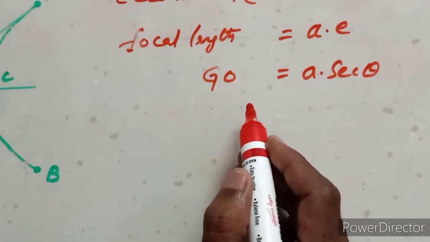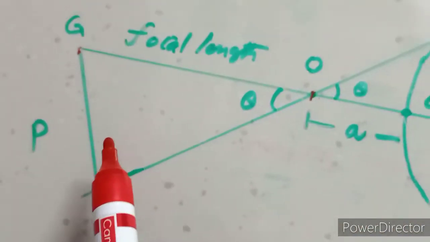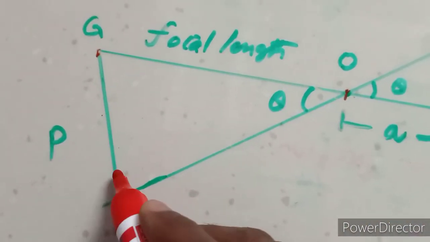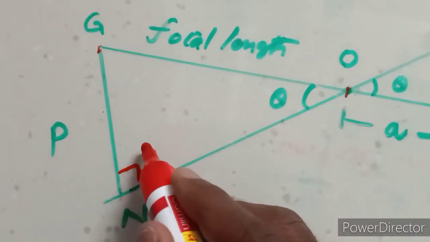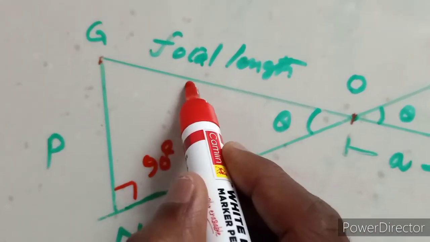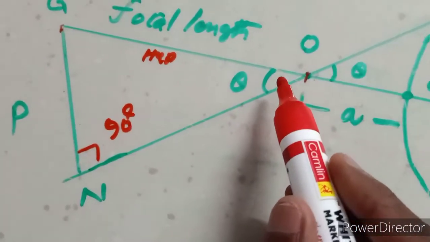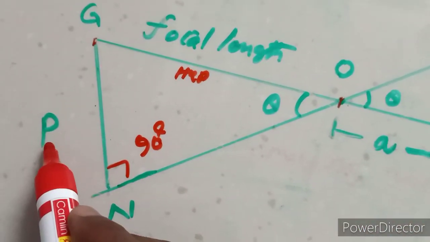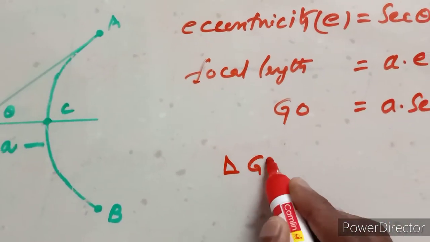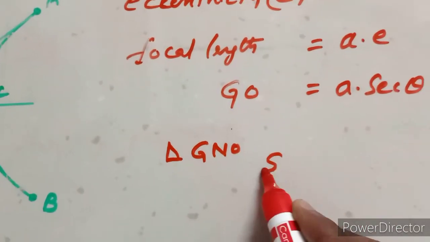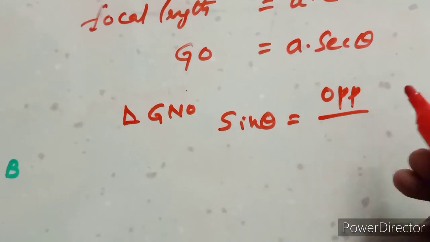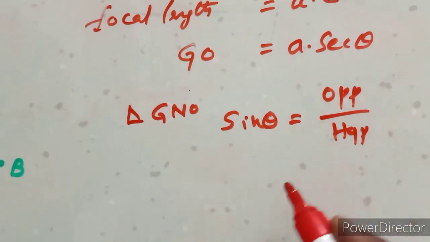Then we can observe the right angle triangle here. Right angle triangle GNO is the right angle triangle. This is the perpendicular distance, so this is 90 degrees. Opposite side of the 90 degrees is the hypotenuse. Opposite side of theta is the impact parameter. From right angle triangle GNO, sin theta equals opposite side upon hypotenuse.